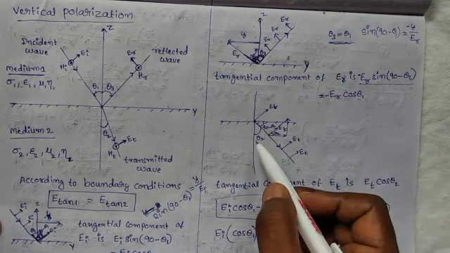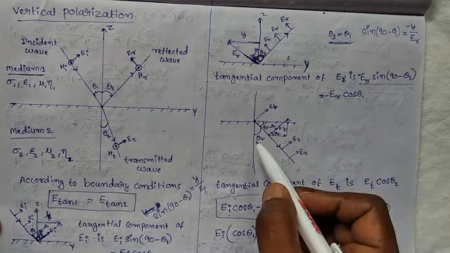This is the direction of transmitted wave, the direction of propagation. This is the tangential component at the boundary. The angle between the transmitted wave and the normal axis is theta 2. What about this other angle? It is 90 minus theta 2. In terms of electric field, the transmitted wave is E_T.